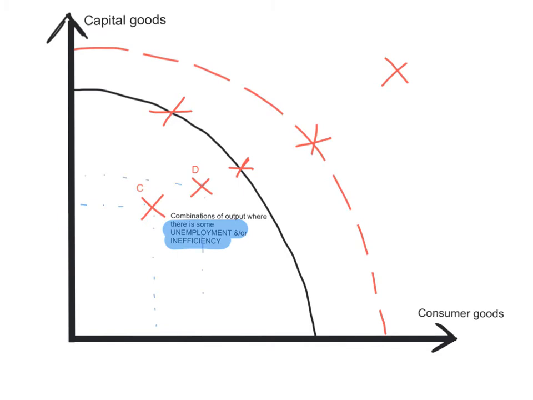So moving from point C to point D, you can see that the production of both consumer goods and capital goods has increased, and there is no opportunity cost, because the economy is already operating within its PPC, and there is either unemployment or inefficiency.